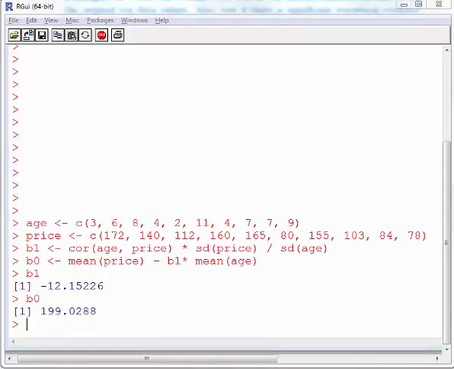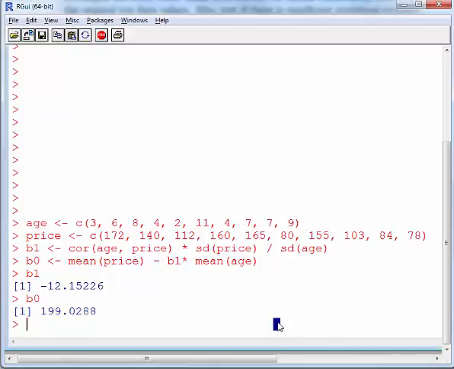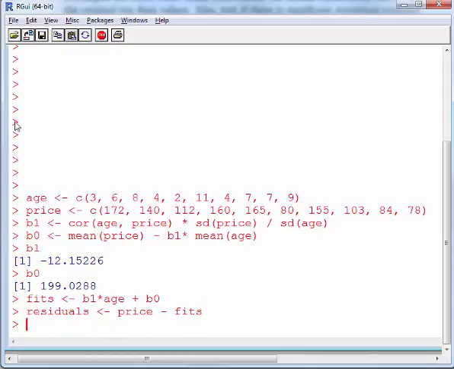I can calculate the fits and the residuals. My fits will be if I take my slope, multiply by age, and add B naught. You can see what's going on here. This age is really sort of a vector. I'm multiplying each one of those values by the slope, and then adding.